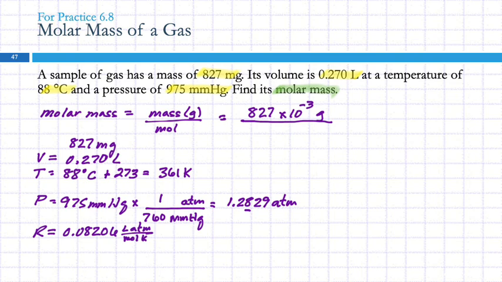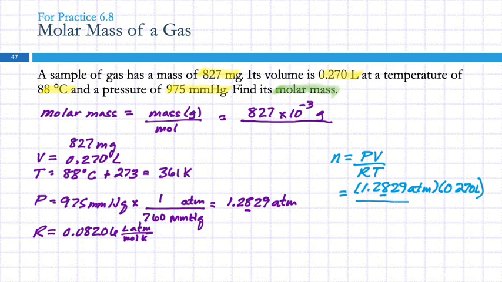So if I rearrange the ideal gas law to get moles is equal to the pressure times the volume divided by R times the temperature. So pressure 1.2829 atmospheres times the volume 0.270 liters, divided by 0.08206 liter atmospheres per mole Kelvin, and my temperature of 361.